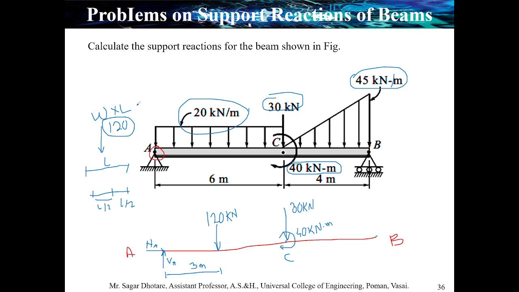Just recall the previous lecture. In the previous lecture we saw that if you have a uniformly varying load like this, you can convert that load, having a span of length L and a magnitude of W kilonewton per meter, into a single force.